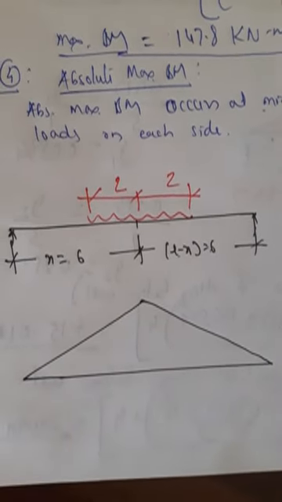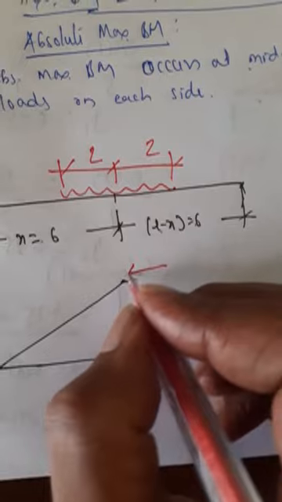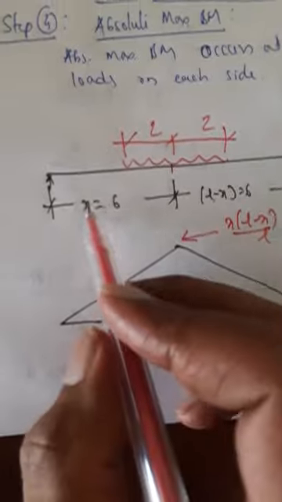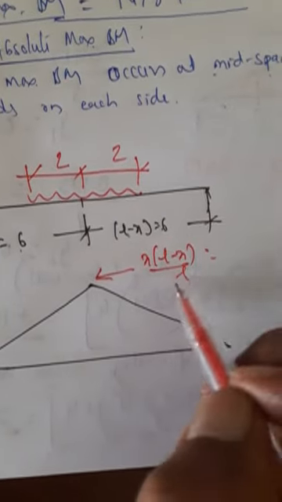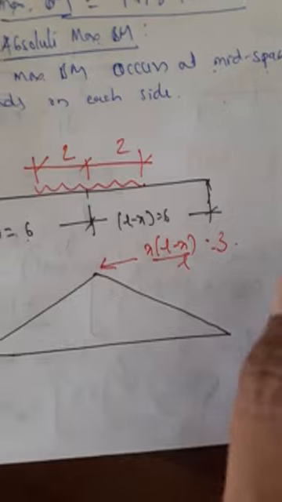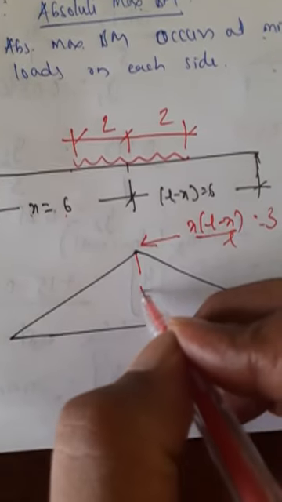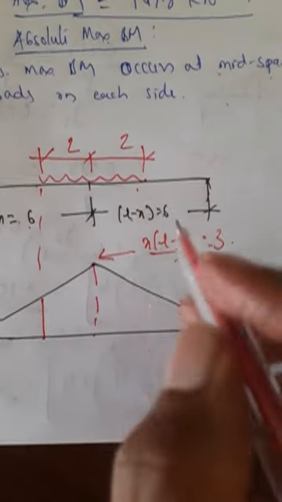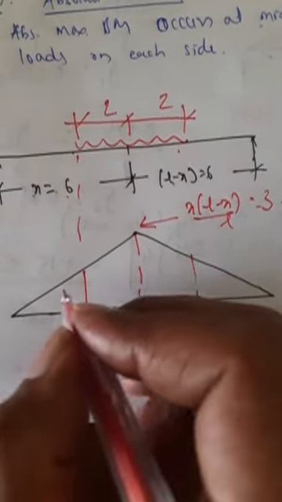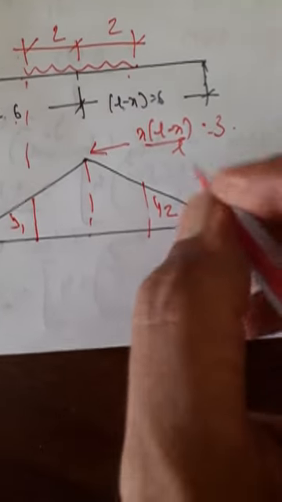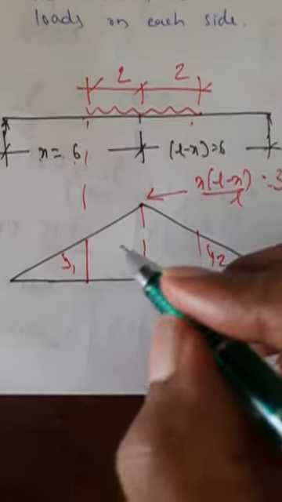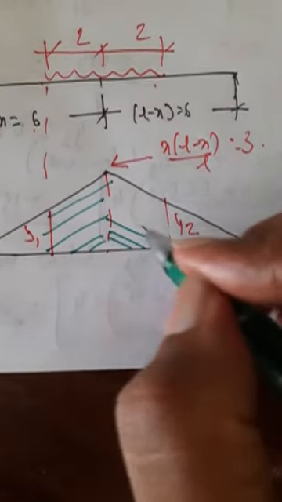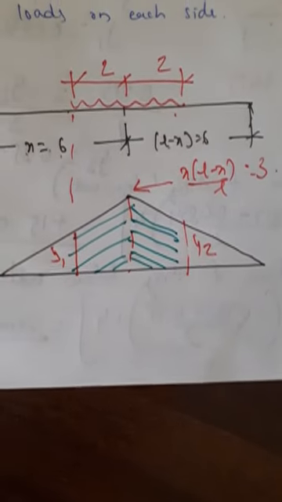Now this ordinate is given by x L minus x by L. So x is 6, L minus x is 6. So you have the value 3. So similarly, project these. Let this ordinate be y1, this ordinate be y2. Now I have to find areas of this and this, two trapezoids.